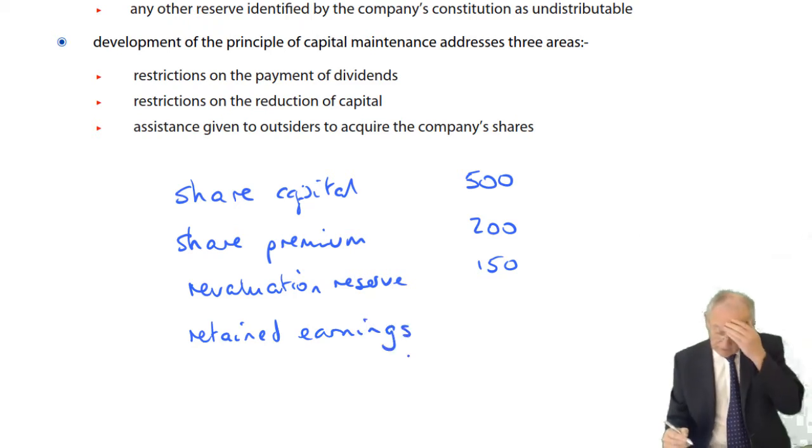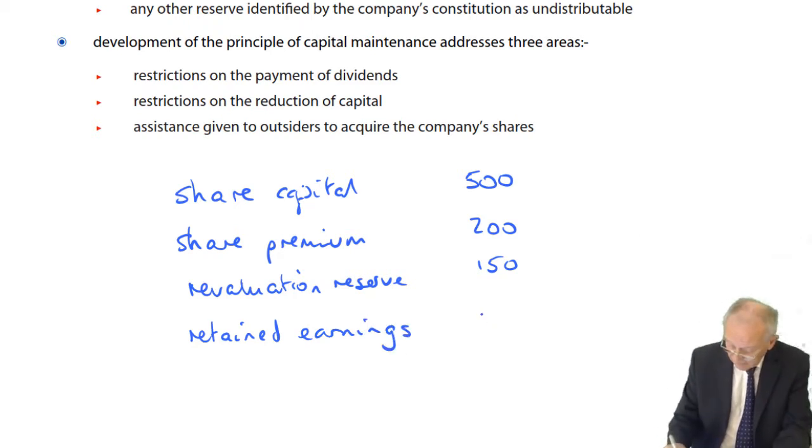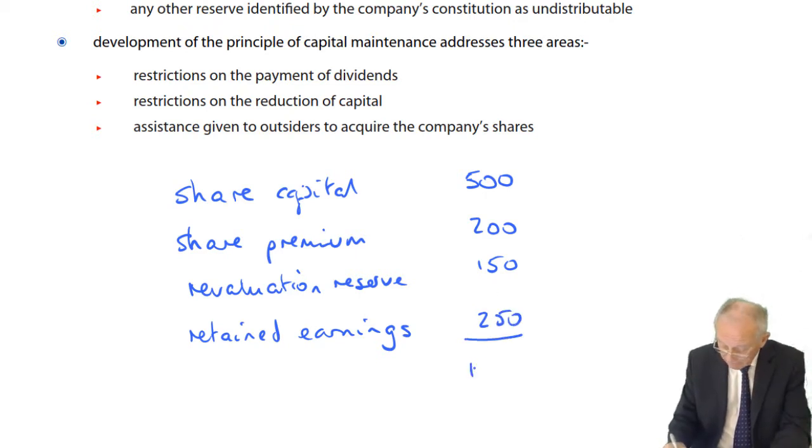What have we got so far? 850. Let's say 250 retained earnings. So that gives us 1100, and that's net assets, isn't it?